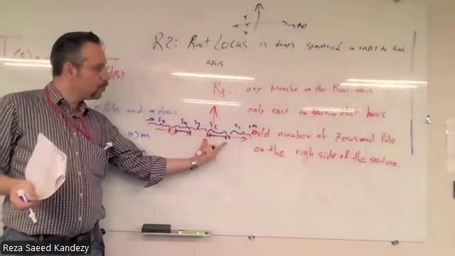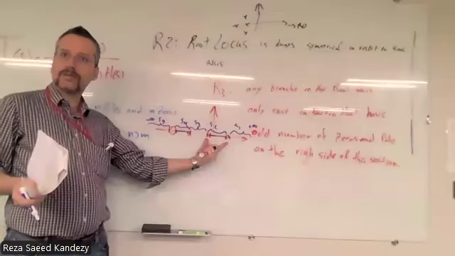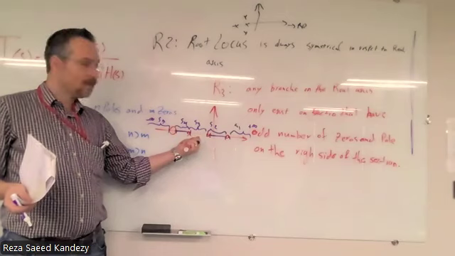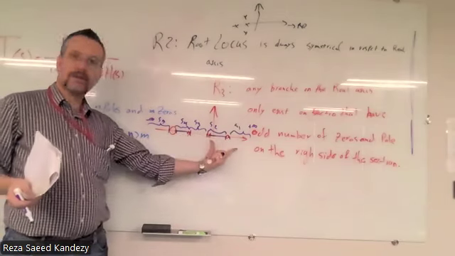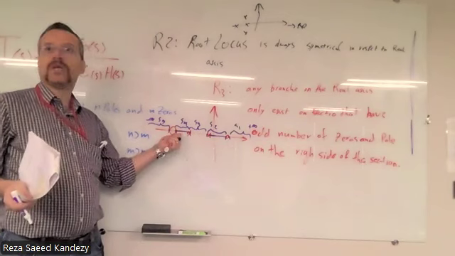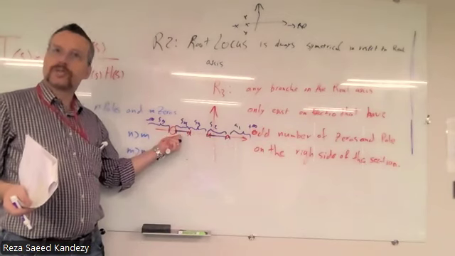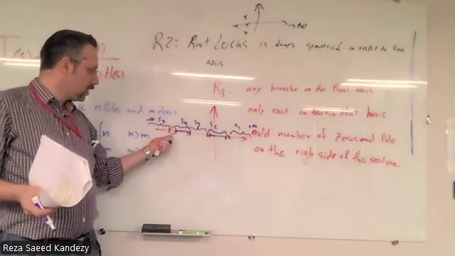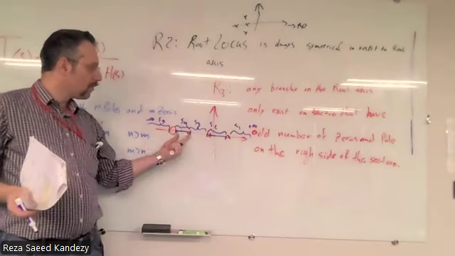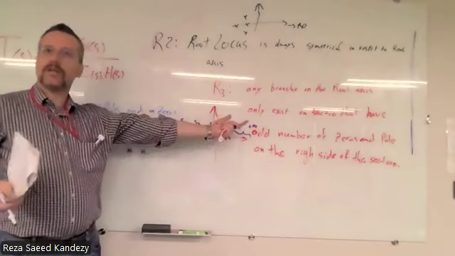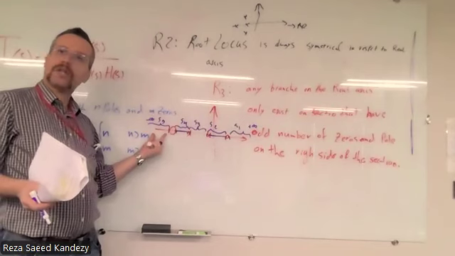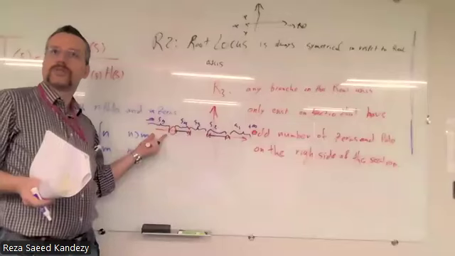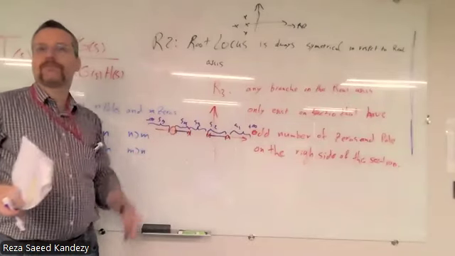Section 3 has 2 poles and zeros on the right, so this one would not be in our root locus graph. Section 4 has 3, so it would be part of our root locus graph. We are going to have a branch on it. From this 0 to minus infinity, we have 4 poles and zeros to the right. That means we are not going to have any branches in our root locus graph on this section.